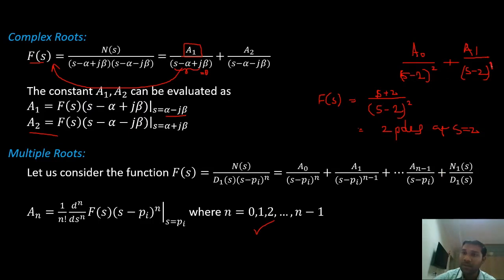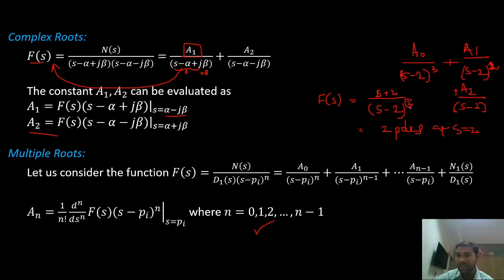Till my degree of the denominator is 1, I will write it, right? If I have cube here, then this will be cube and this will be square, and I'll get one more term, a2 divided by s minus 2, right? So the greater the degree of the polynomial, more terms I will get, right?